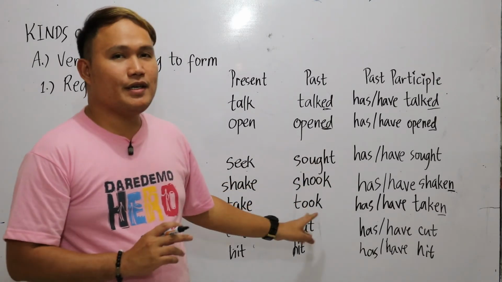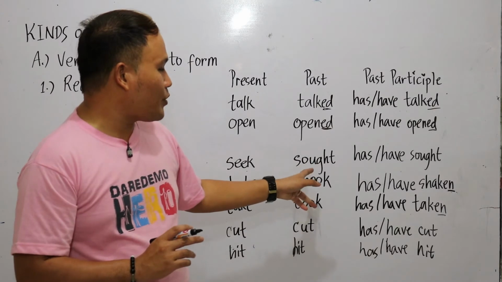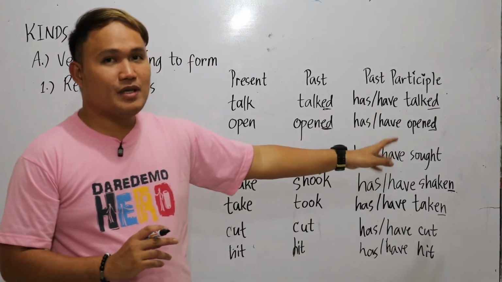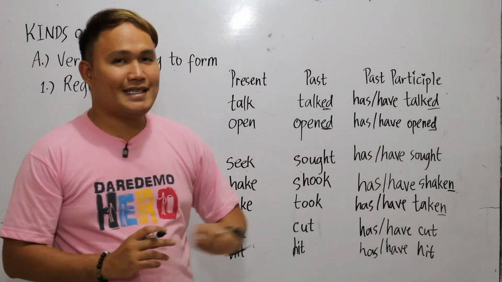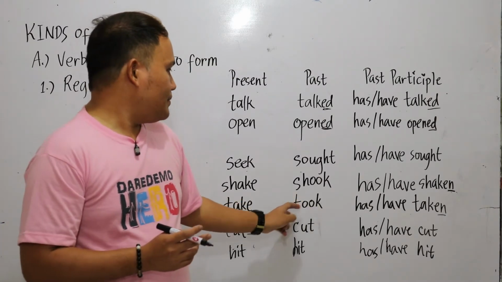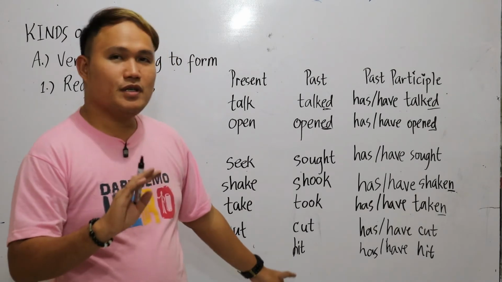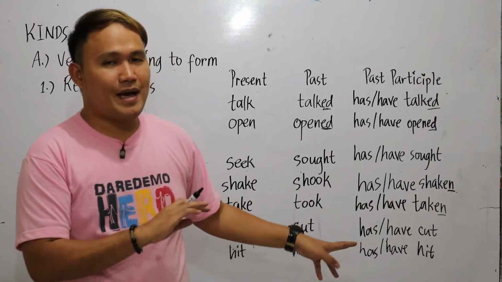Second way is the past form of the verb will be changed again, and for past participle, it will be changed too. You just have to add en or n. Alright. So a third way is the spelling will not be changed at all from simple to past participle.